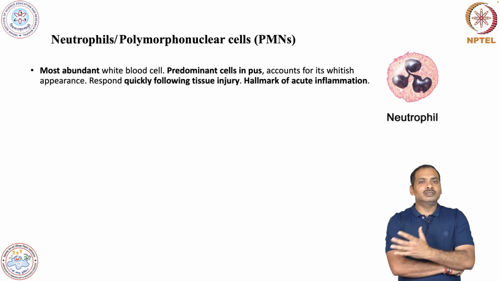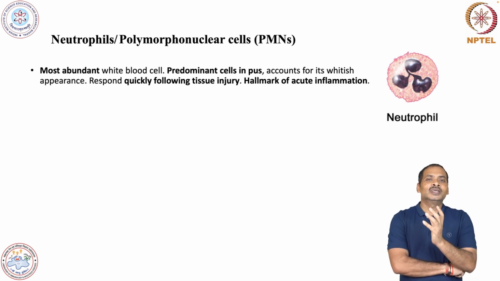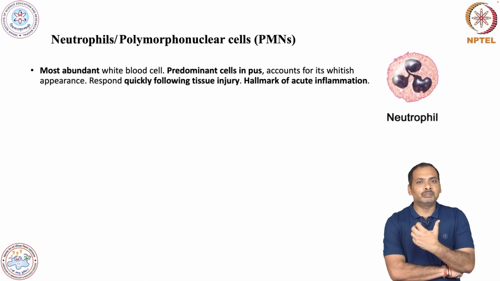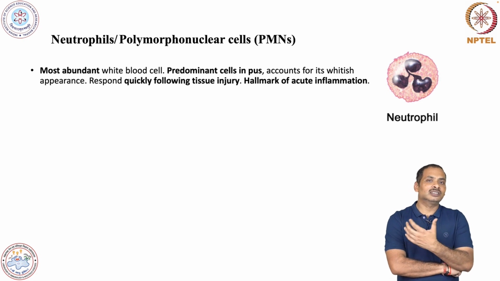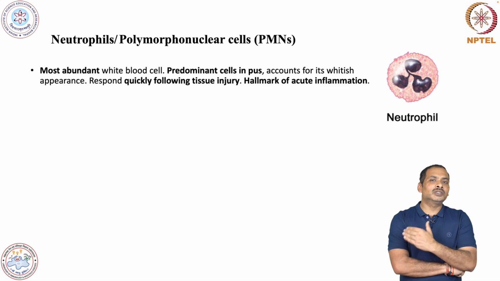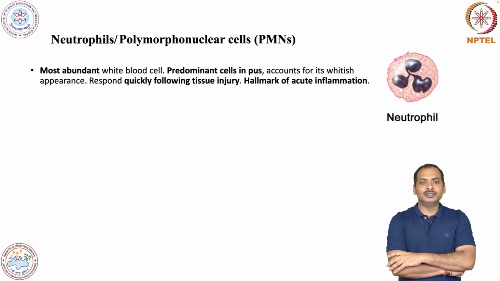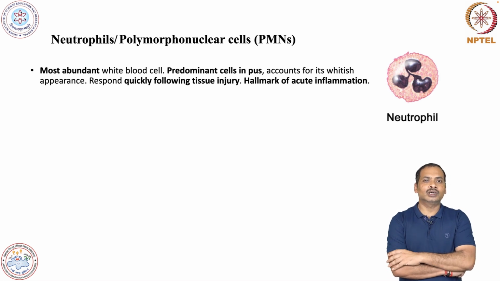During battle there will be a lot of damage from both sides, the pathogen side as well as the host side, and that results in the accumulation of pus. Pus is basically dead cells and some live cells, and the predominant cells in pus are these neutrophils. That is why it is white in appearance, because neutrophils are colorless.